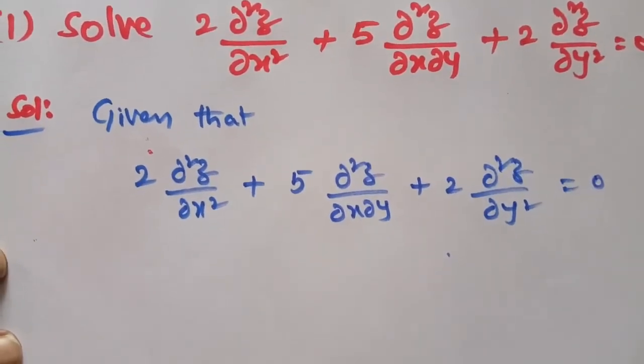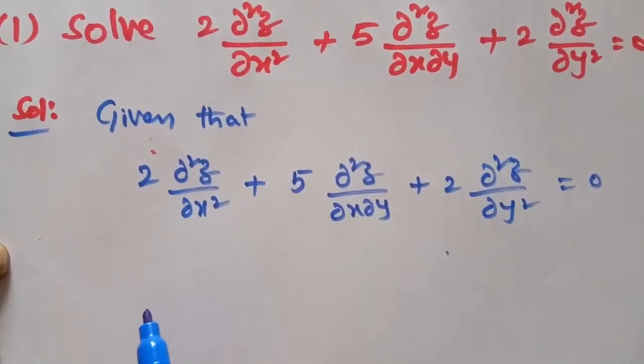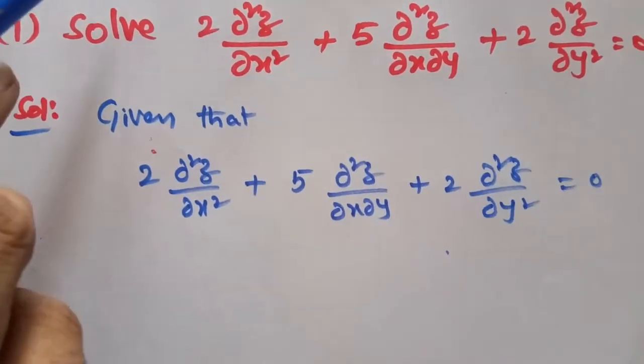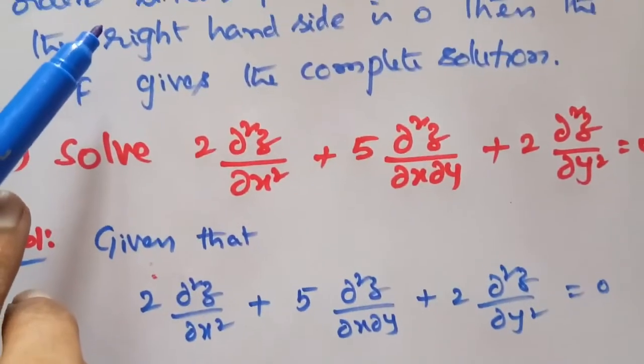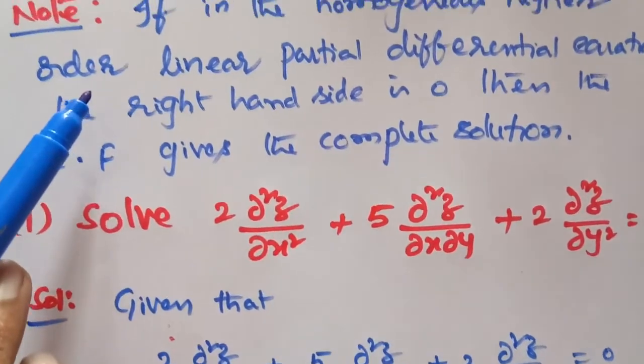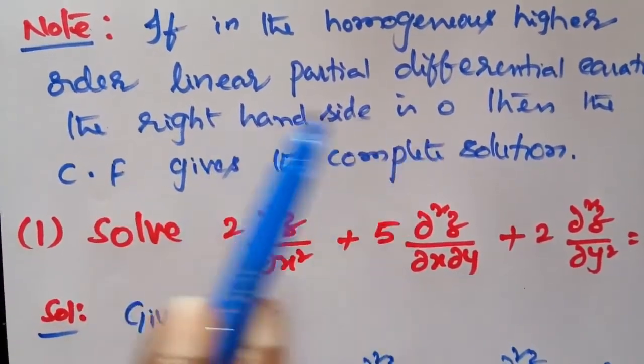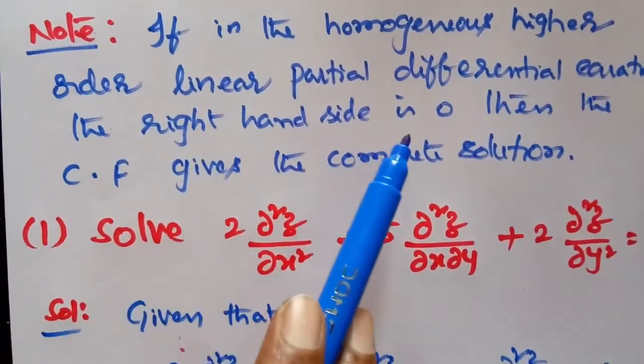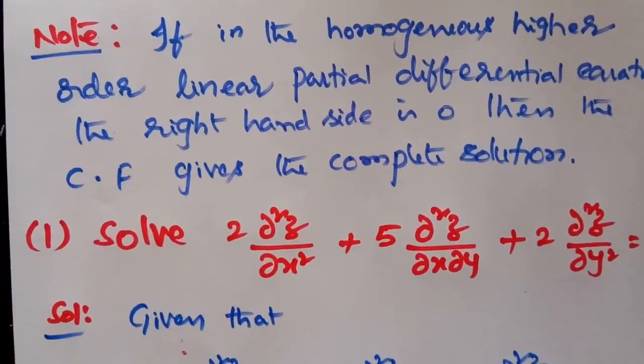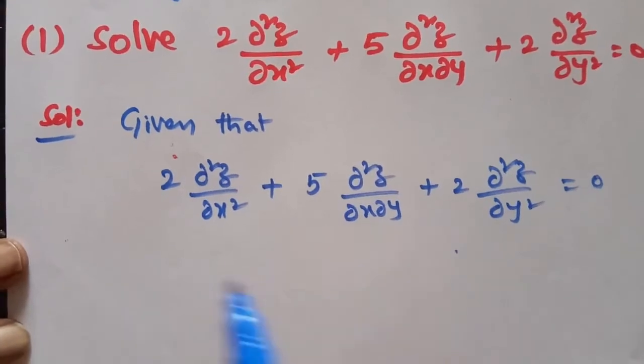Now the right hand side is 0. The complementary function gives the complete solution as explained in the above note. Complementary function gives the complete solution if the right hand side is 0 in the homogeneous linear higher order partial differential equations. There we have to find the complementary function.